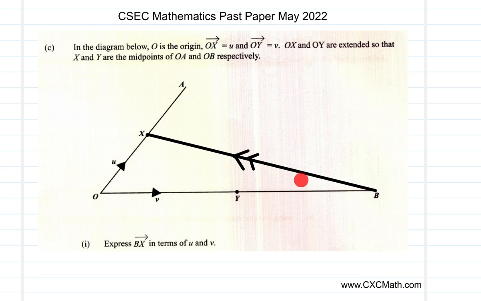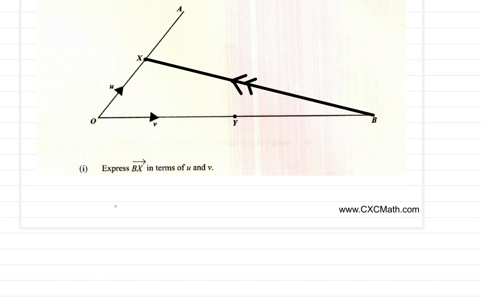If we're going from B to X, if you walk from B and end up at X, you could take another route. You could walk from B to O, turn the corner, and then go to X and end up in the same place. So what you can say here is that BX is equal to BO plus OX.